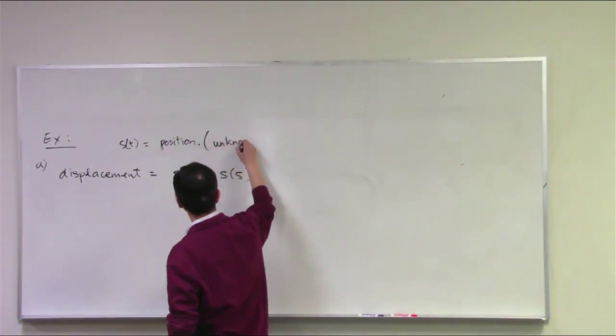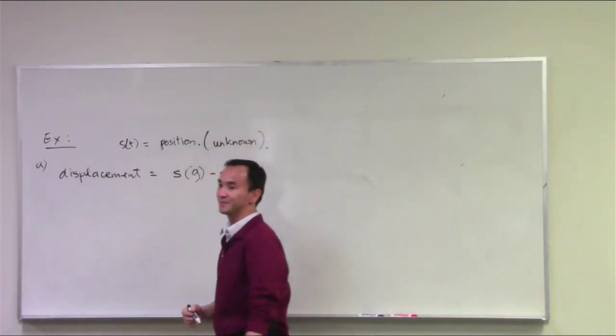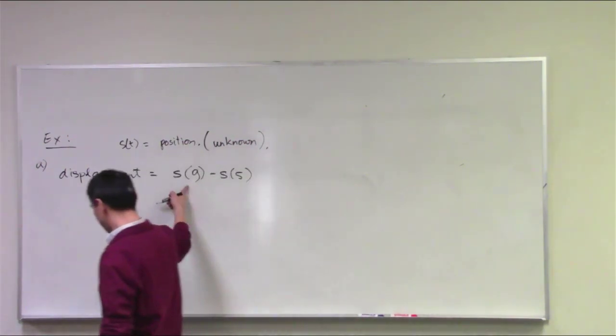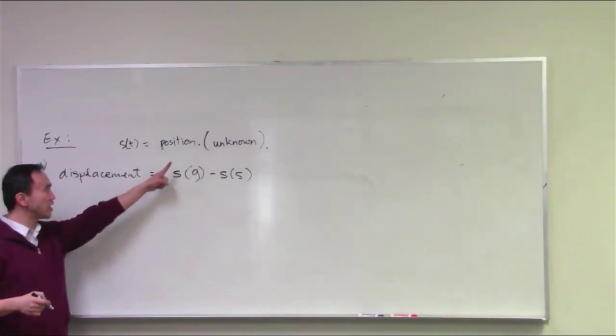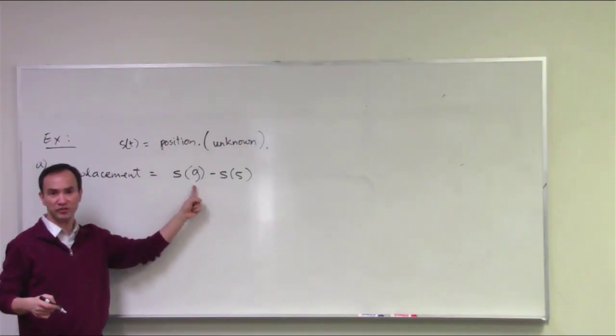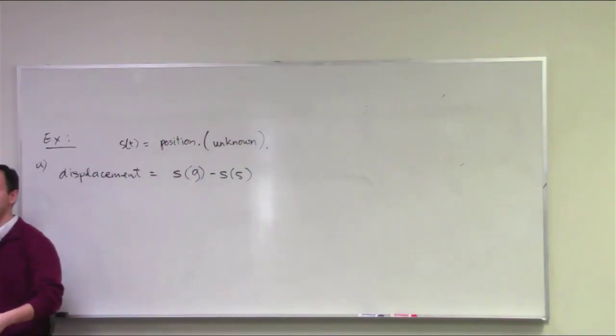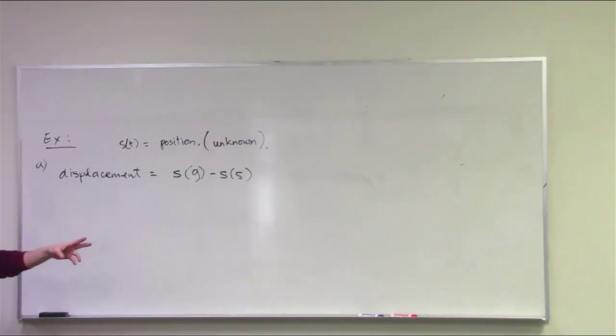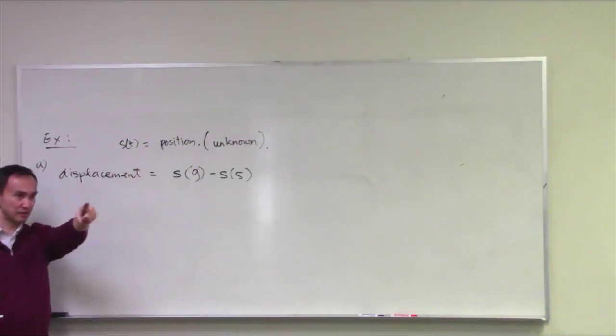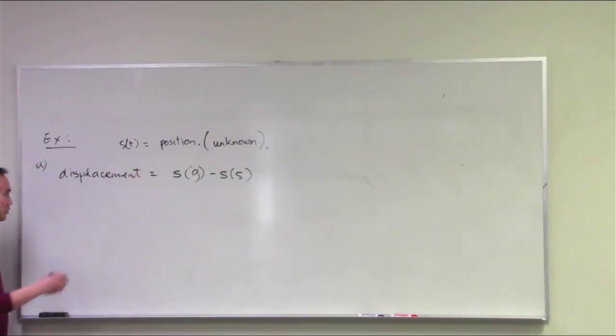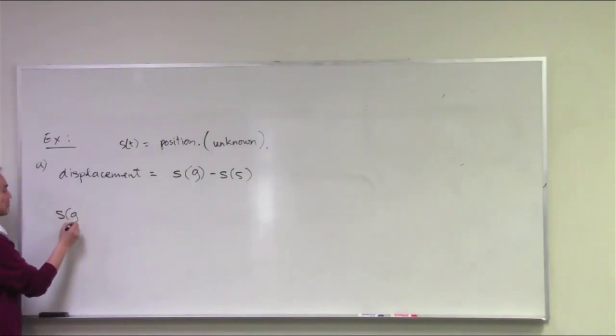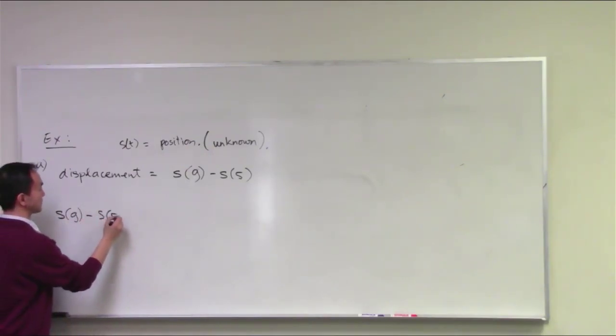This position function we have right here is unknown. So to get this precise answer, because if we know the position function, doing this subtraction is easy, right? And there's no trouble at all. But the problem is we don't have the position function. We only have the velocity function. And so to find this, right? S of 9 minus S of 5 right here.